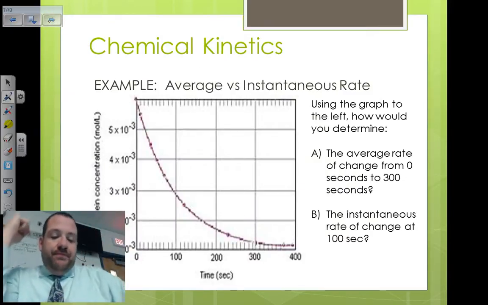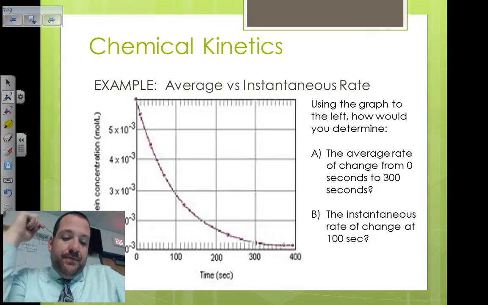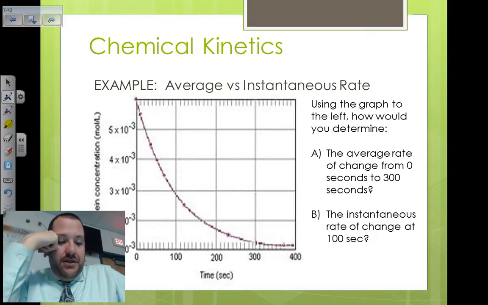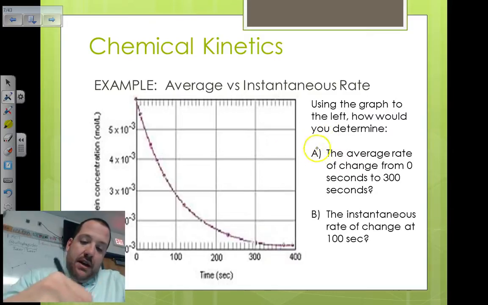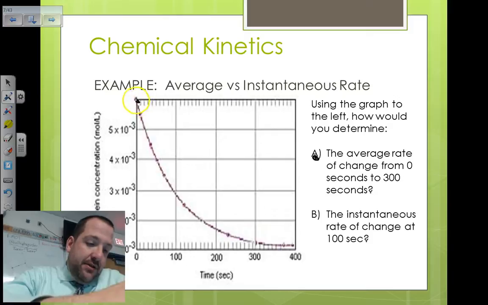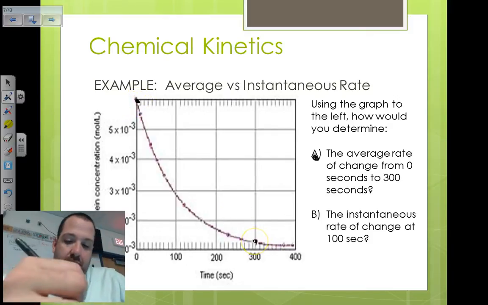So here is the graphical method for determining average versus instantaneous rate. We want to know how we would calculate the average rate from 0 to 300 seconds. So here's 0 and here's 300 seconds.